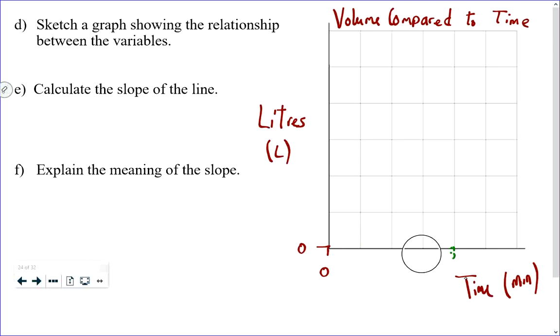My next check would probably be 5, 10, 15, 20. That works. Do I have to use the whole graph? No. You don't have to use the whole graph. Some of you might go 4, 8, etc. That might be a better thing to do because those are the numbers we have.